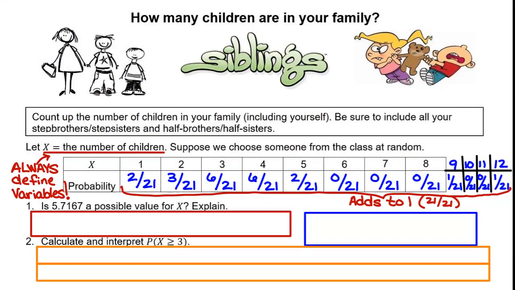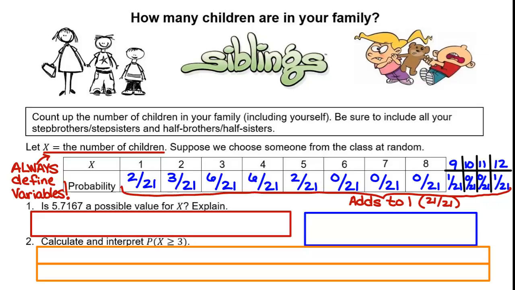Does it on ours? Let's find out. 2 plus 3, 5 plus 6, 11 plus 6 more, 17 plus 2, 19, 0, 0, 0, 0, 0, 20, 0, 0, 21. So we have 21 out of 21. We have everybody in the class accounted for.